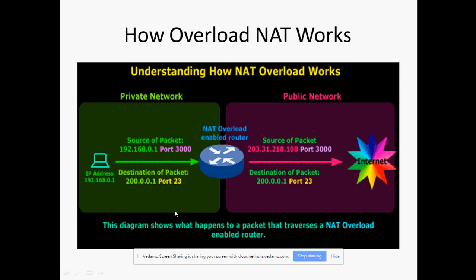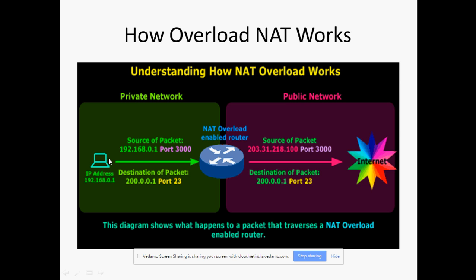For that, they use unregistered port numbers to make the mapping unique. Like you can think, 192.168.0.1 is requesting, and one associated port number is 3000. So when it is mapped to the public side, it mentions the port number 3000.